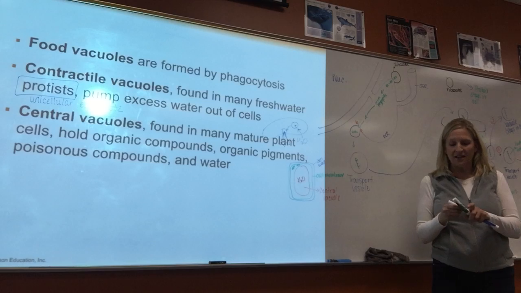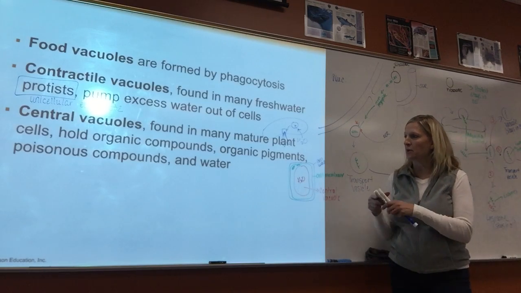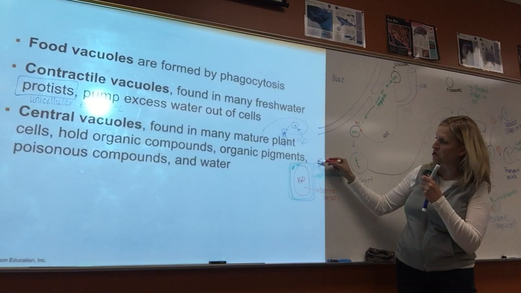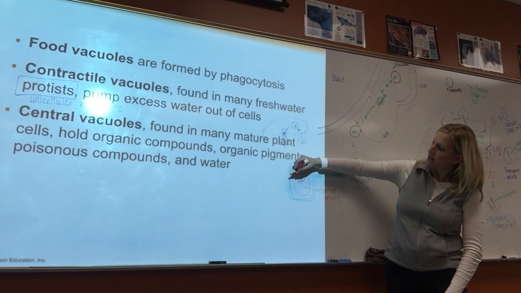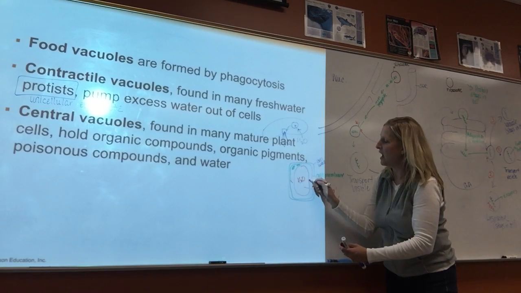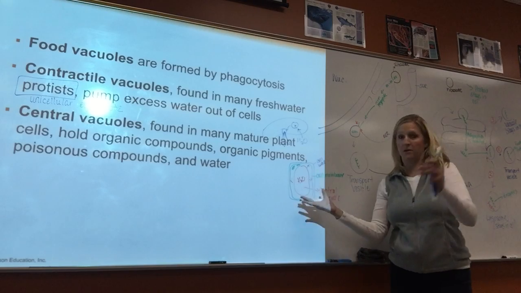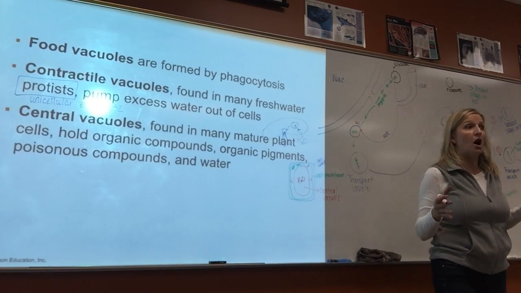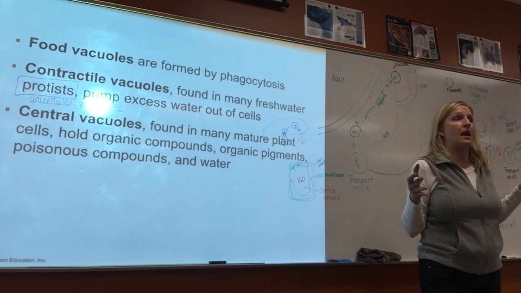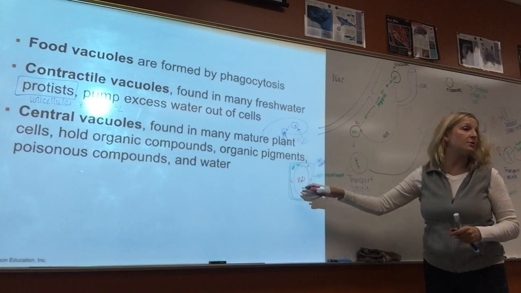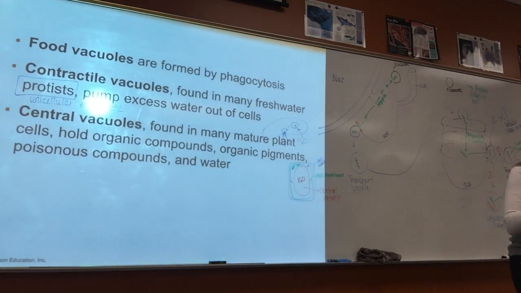So the central vacuole actually helps to give plants their structure along with the cell wall, because when it fills up with water, it will balloon up and put pressure on the cell wall, and it makes the cells stand up nice and straight.